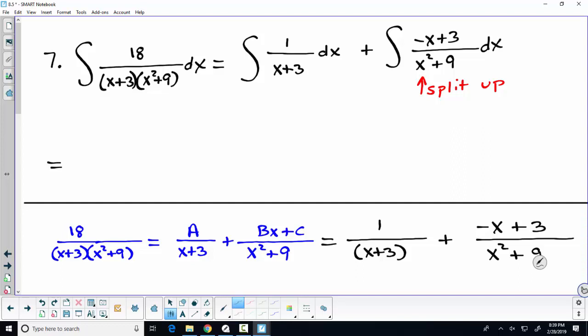So we've got log form for this one. When we have the split it up as -x over x squared plus 9, what does that do for us? Yeah, it's almost in log form. We just need the 2 divided by 2, right? And then 3 over x squared plus 9, what is that?